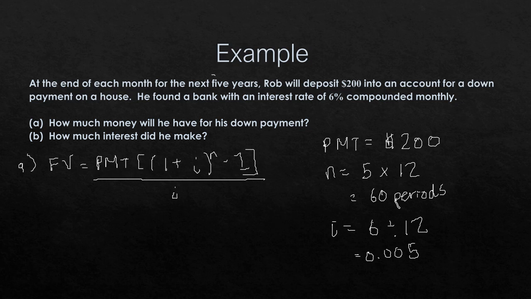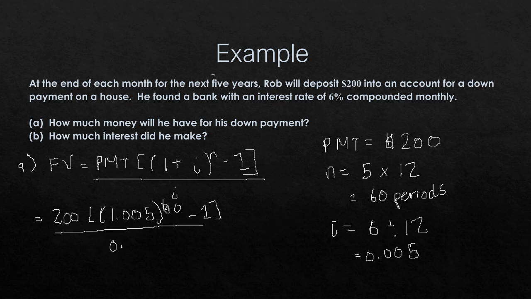So now I'm just going to plug it into this formula. So I have 200, 1 plus I, which is going to be 1.005 to the power of, oops, sorry, let's not use n, let's use 60, power of 60, take away 1, all over I, which is 0.005. So to plug this into your calculator, you can either do it all at once, you're just going to use double brackets here, or you can do it in parts.